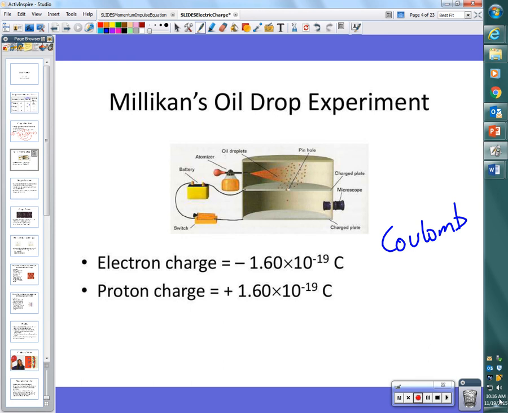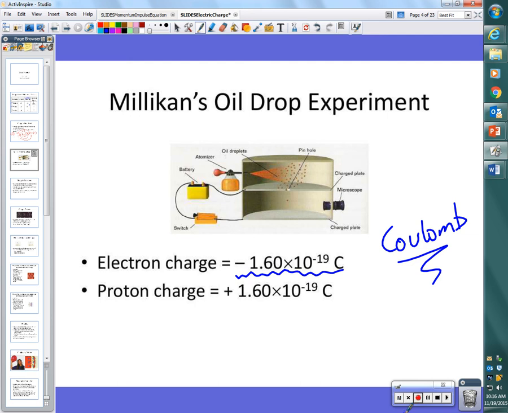So while protons and electrons have the same relative charge, +1, -1, the actual measurement is in a unit called the coulomb, and this is the value of 1 electron: 1.60 times 10 to the -19th coulombs.